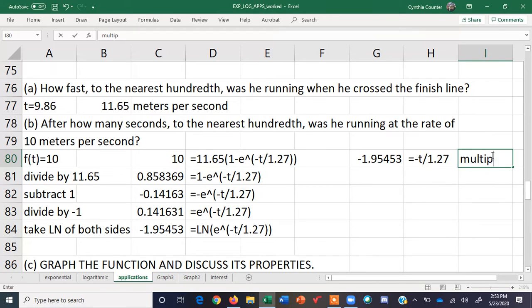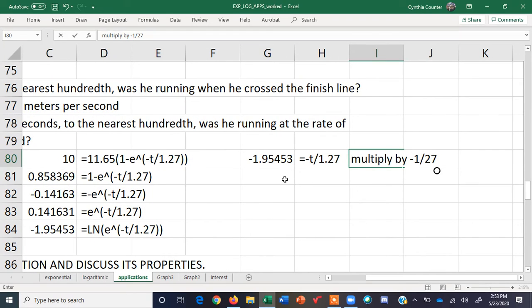So multiply by -1.27, scoot this over, equals this times -1.27, space, equals, and now what we have left is t. So to the nearest hundredth, it took 2.48 seconds for Carl Lewis to hit the 10 meters per second rate.